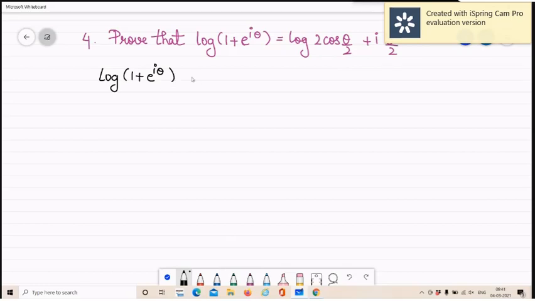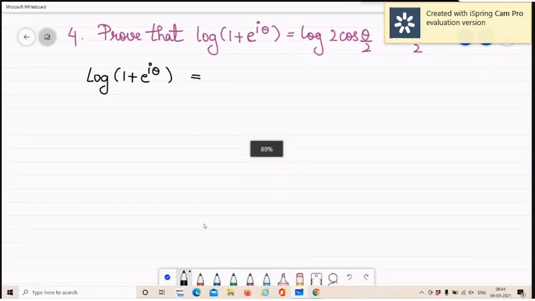Can anybody quickly tell me what I'm going to do after this? Yes, we are going to put the e raised to i theta formula, because to apply log, I read the real part and the imaginary part.